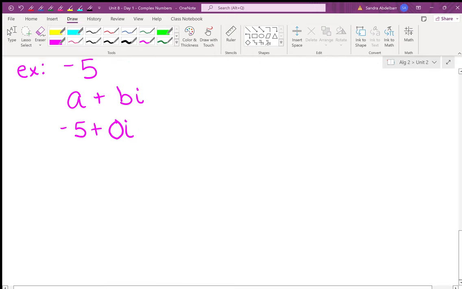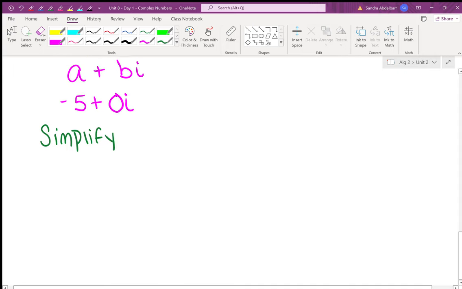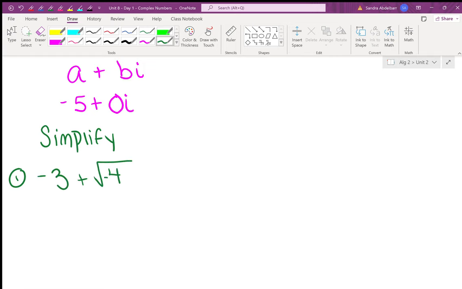All right. I want us to simplify. So let's say I have -3 plus the root of -4. I'm going to take the square root of -4 and simplify that into what? 2i. Now, i is like a variable.